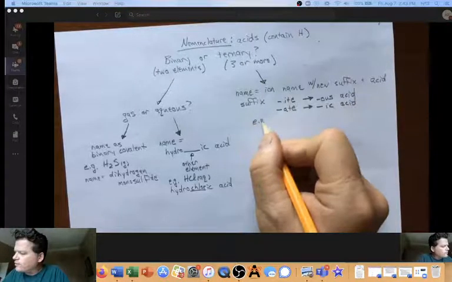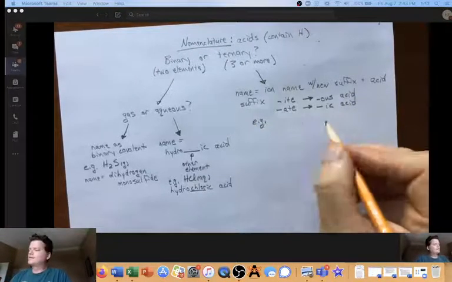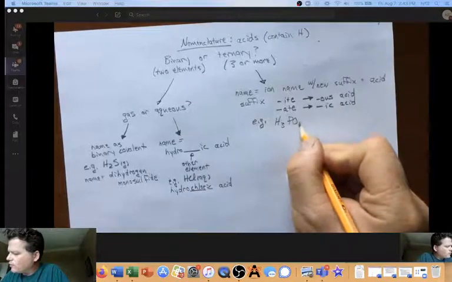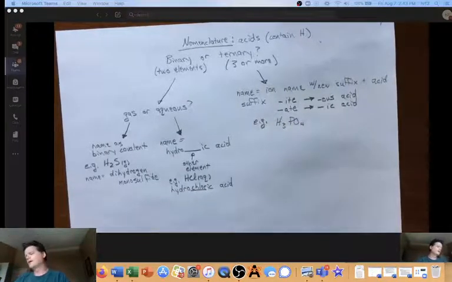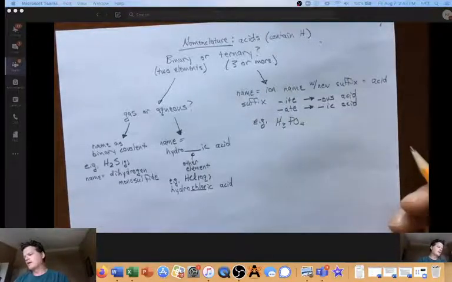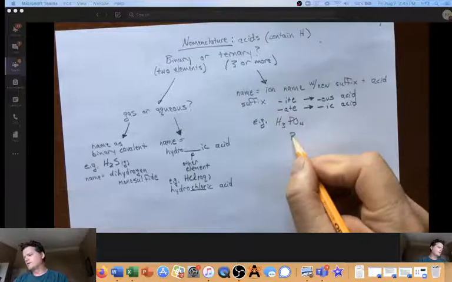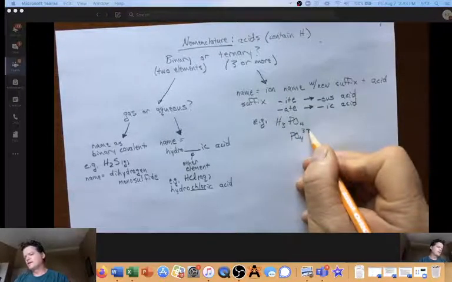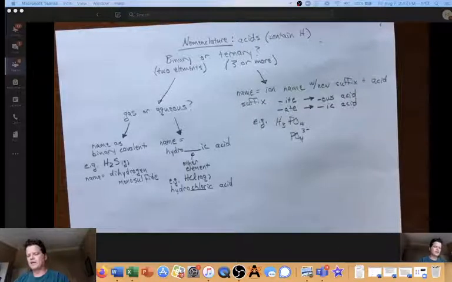So, for example, let's say we had H3PO4. Well, you have to recognize that in H3PO4 is an ion that we've memorized. PO4 3- is the phosphate ion.